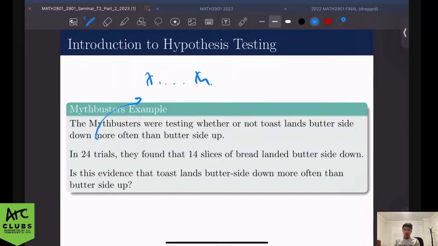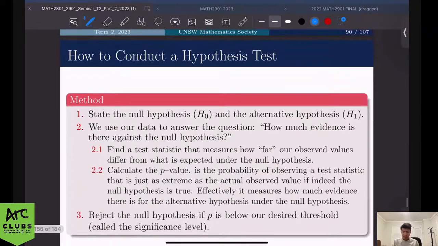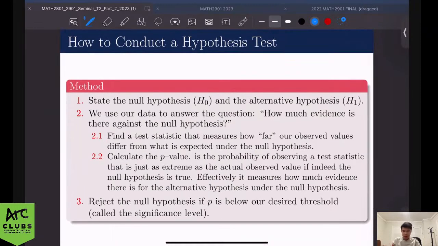To do that, you need to formulate what's called a p-value, but we'll talk about that in a second. So the method is this: you have a null hypothesis and an alternative hypothesis. Basically, you're trying to answer the question of how much evidence there is against the null hypothesis.